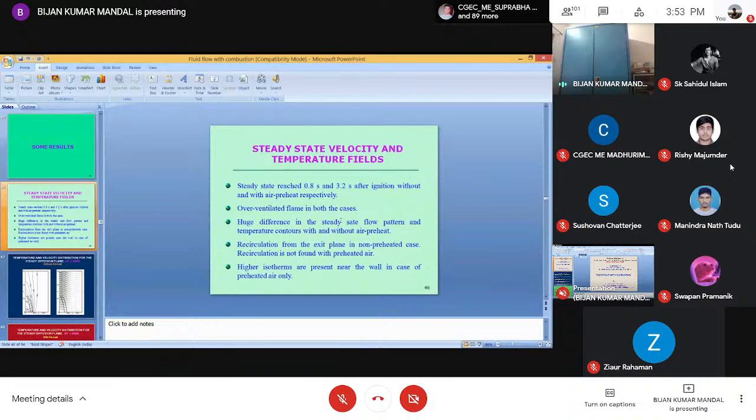Over-ventilated flame in both the cases. Over-ventilated flame means the flame will be towards the center line. And there is a huge difference in the steady state flow pattern and temperature contours. If you look at this, you'll see that the velocity and the temperature show a huge difference. Now let's see that.